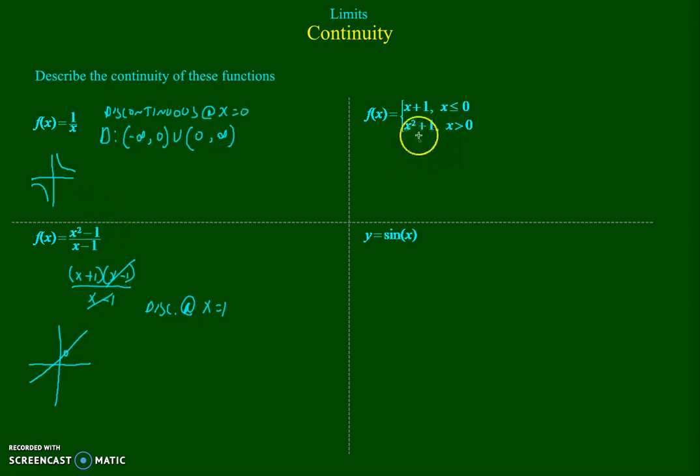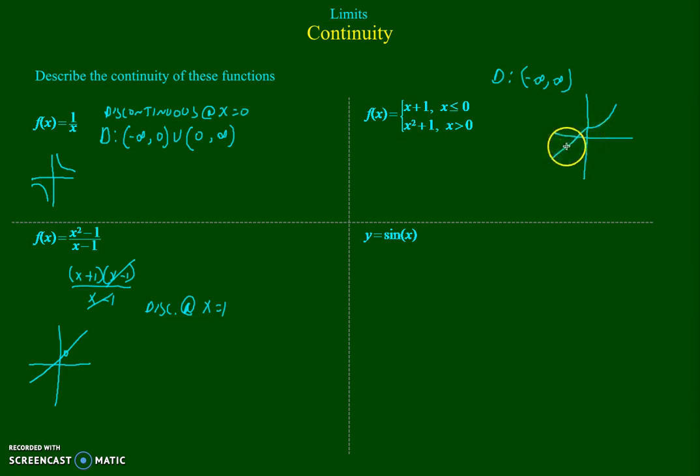Let's take a look at this one. This is a piecewise function. And if we look at the graph of that, let's do it up here. This would look something like this. It's defined down here to 0, and then we have something like this up here. So this function is defined at every x in its domain, and the domain of this function is negative infinity to infinity. So it's defined at every point, so that's the first criteria.